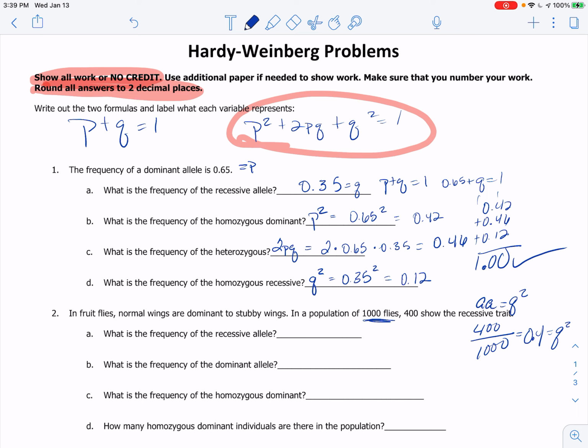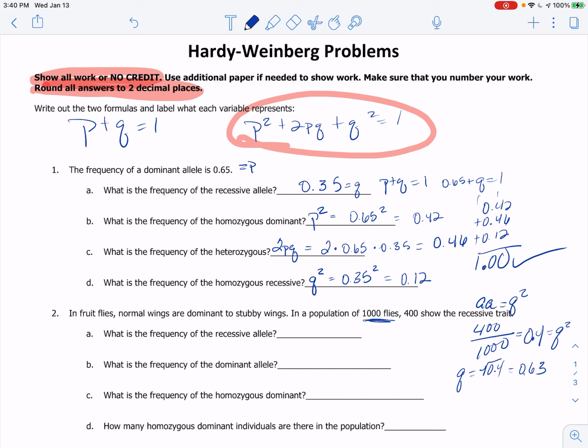Okay? So now we can begin to go through this. Q squared, let's go ahead and get Q. So Q equals the square root of 0.4, and that gives you 0.63.